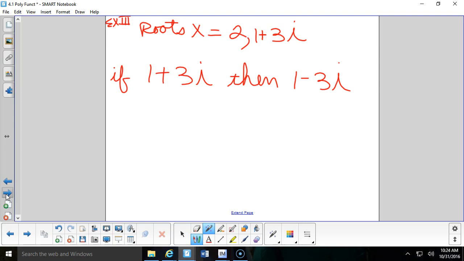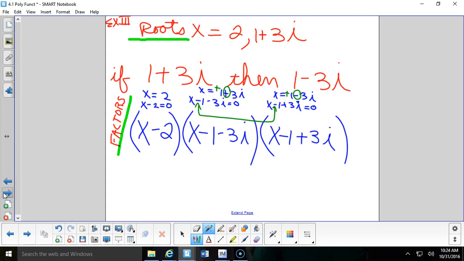So when it was simple, easy numbers, that was real easy. But what I need to do here is to get myself into a place where I can find all the factors. So if x equals 1 plus 3i, then when I bring everything over, the plus 1 comes over as a minus 1, the plus 3i comes over as a minus 3i.